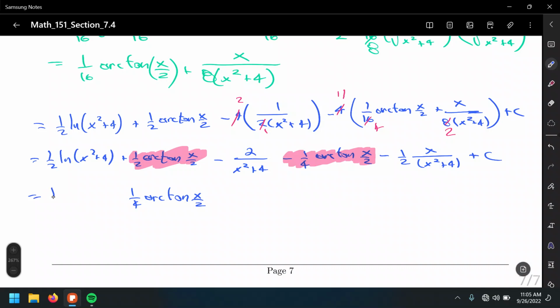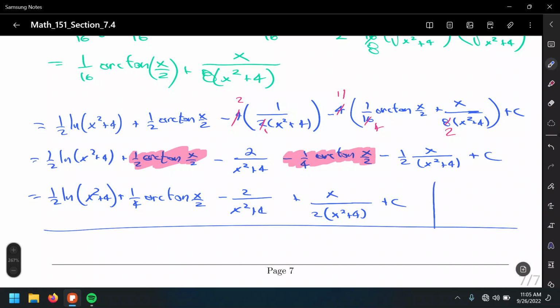The remaining terms remain the same, and minus 2 over x squared plus 4 and plus x. And I'm going to write, instead of a half, 2 times x squared plus 4, plus c. This would be our final answer.